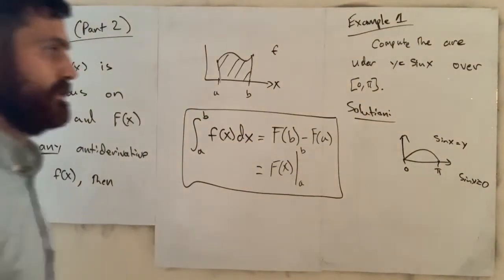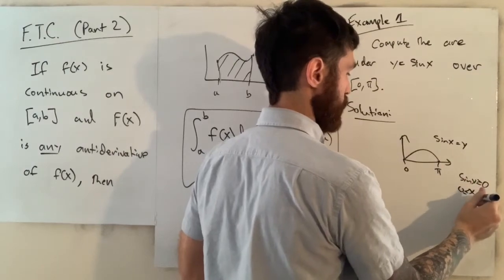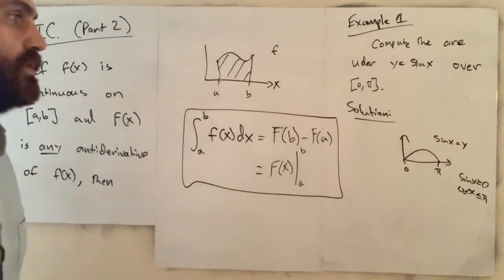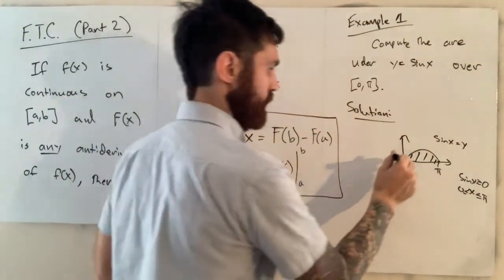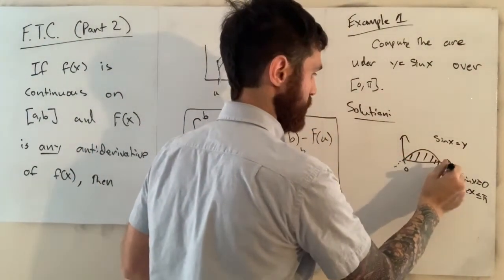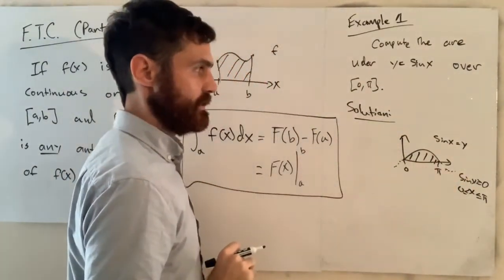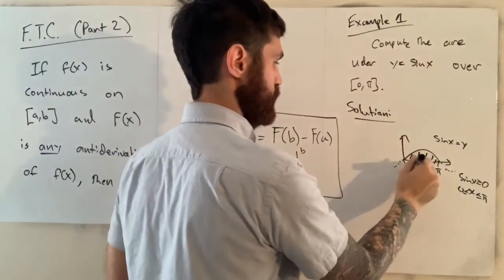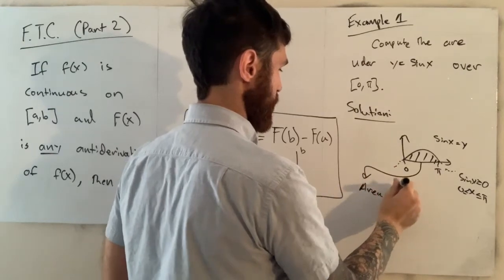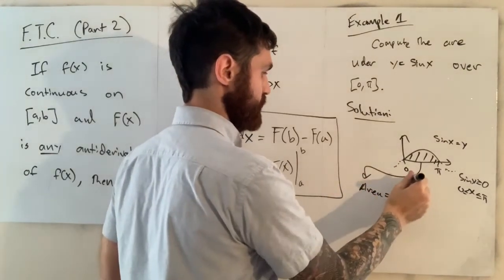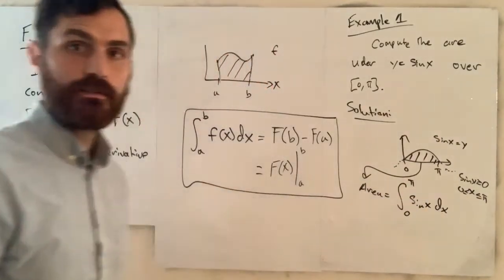So sine of x is always greater than or equal to 0 when x is between 0 and pi. That's great. So what we can do is we can look at the area of this thing here. Notice that sine kind of keeps going and does its own wavy thing, but we're just worried about this. We can look at this and we can interpret that area as equal to this integral from 0 to pi of sine x dx.